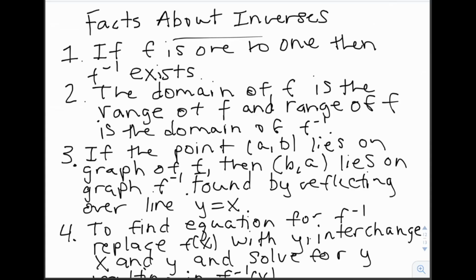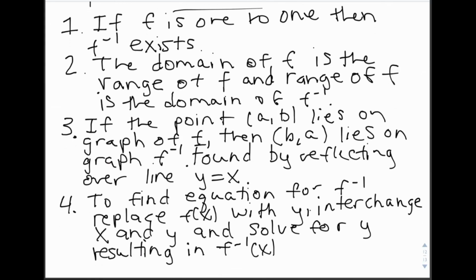Number 3, if the point (a, b) lies on the graph of f, then (b, a) lies on the graph of f inverse. This is found by reflecting over the line y equals x. In other words, you can take your x's and your y's, interchange them, and figure out what that graph looks like.